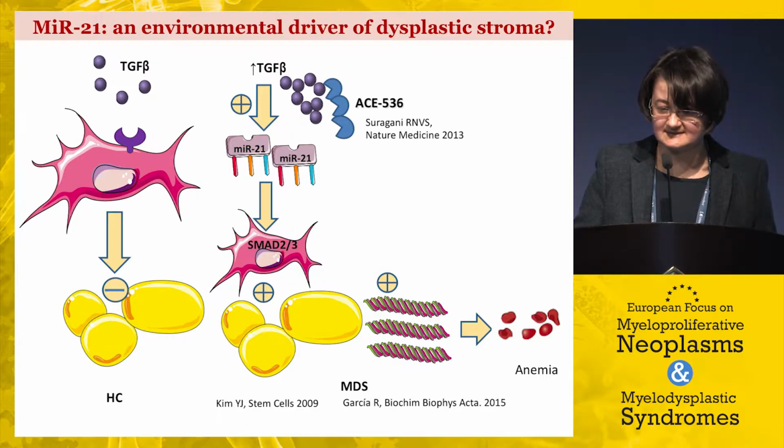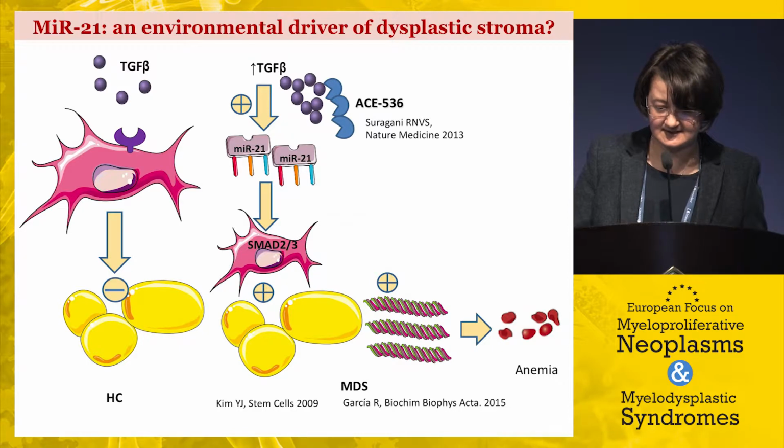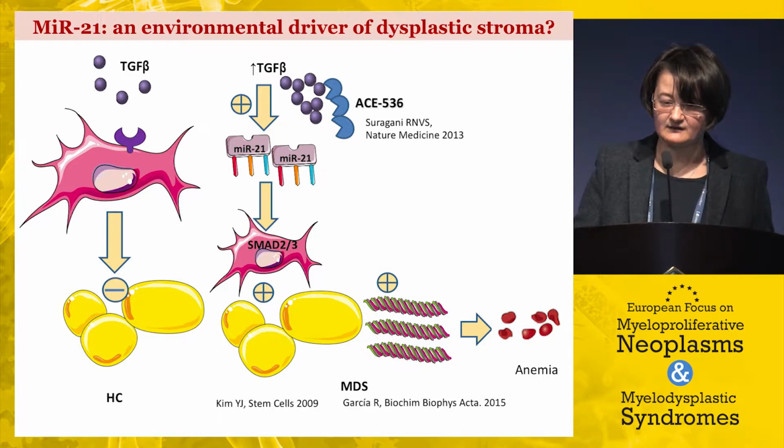Instead, in myelodysplastic syndromes, the high levels of TGF-beta trigger a signalization through SMAD2/3 that promotes adipocyte differentiation through release of microRNA 21, and this promotes fibrosis and EPO-resistant anemia. It was shown that by inhibiting TGF-beta, this anemia can be recovered by recovering the late-stage erythropoiesis.